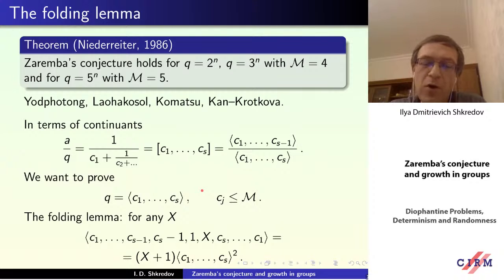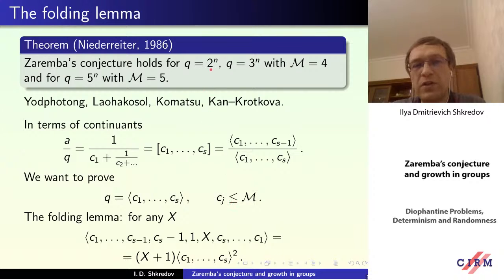So there is a palindromic type formula for continuants. It's very easy to obtain it. If I have this almost palindrome, you see these parts are equal in reverse order. Then for any x, I can calculate this continuant in this way. After that, I can use induction, right?